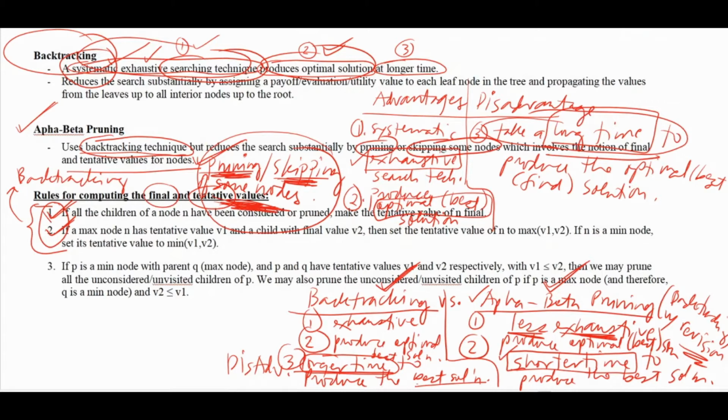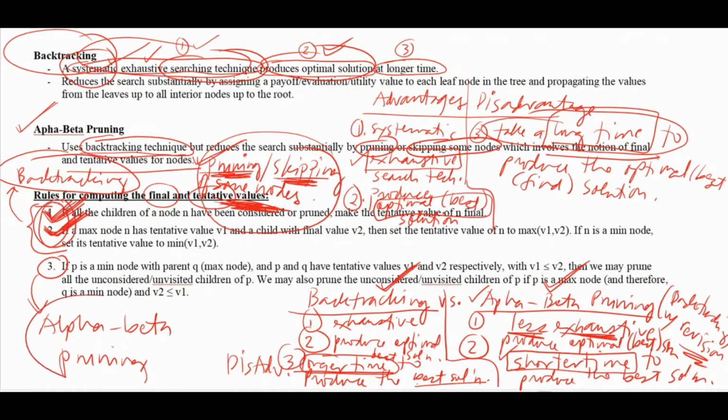Okay, we applied rule number 1 and rule number 2 in assigning evaluation values from the leaves up to the interior nodes and finally up to the root. Number 3 is applicable only for alpha beta pruning. So for normal or regular backtracking, only rule number 1 and rule number 2 are applied.